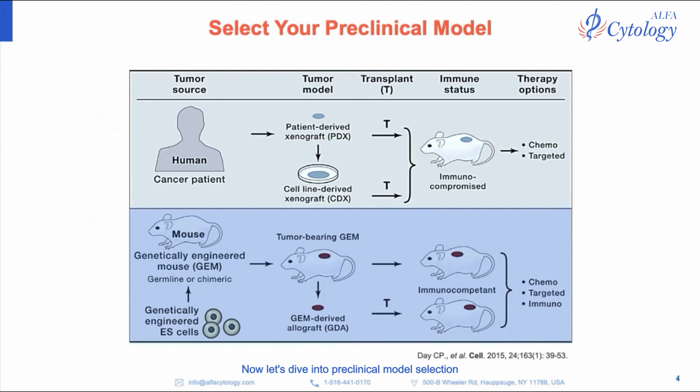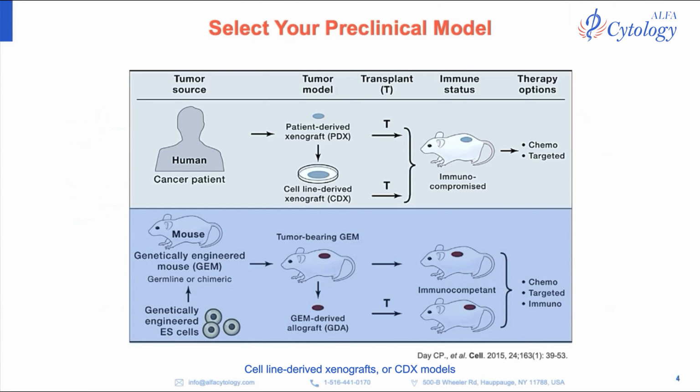Now let's dive into preclinical model selection, which is one of the most impactful choices in study design. Choosing the right model can determine the success of a study, as each model type has its own unique strengths and limitations. The properties of clinical versus preclinical models vary significantly, as each offers unique insights.